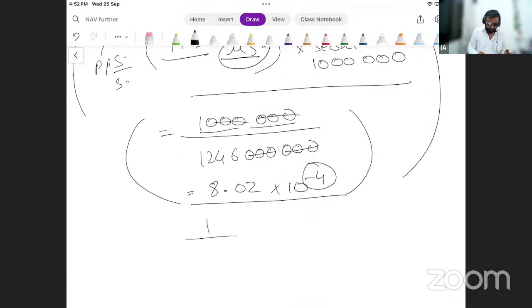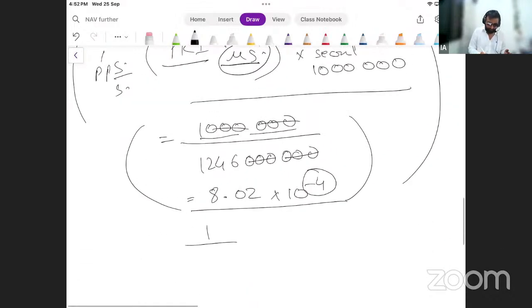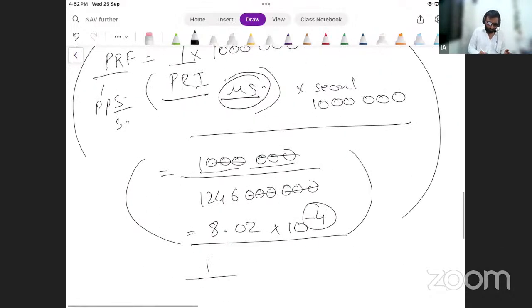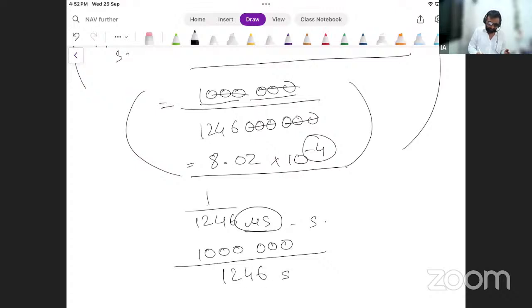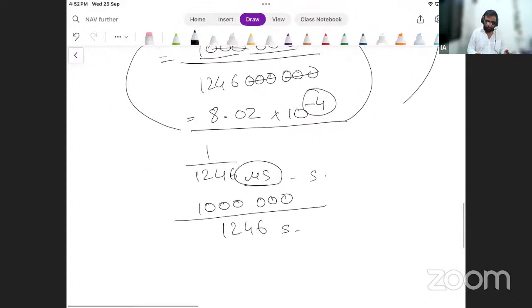I have 1 upon PRI was 1246 microseconds. So to avoid this microseconds and to convert it into seconds, I just have to understand that I will get this value upon 1246 seconds. So what do you do?